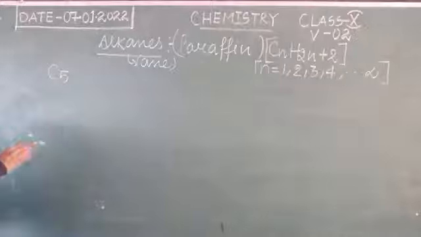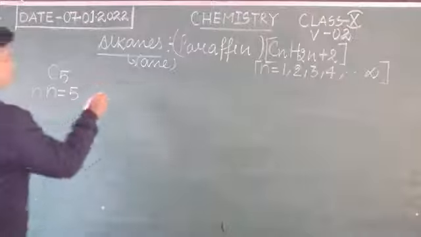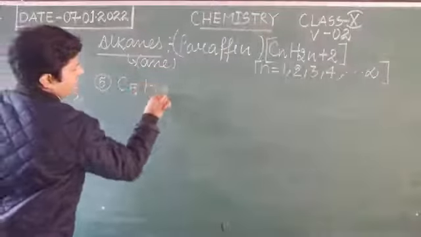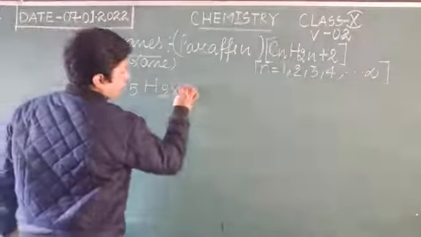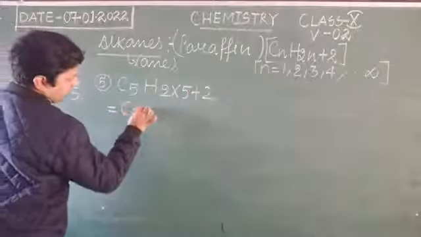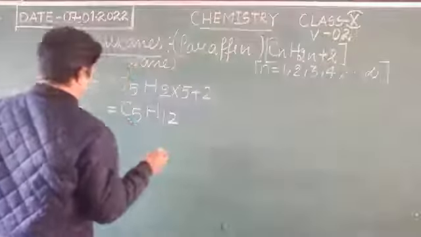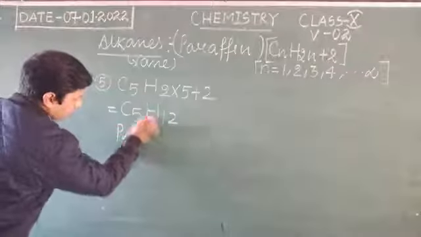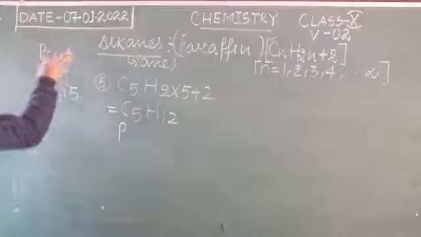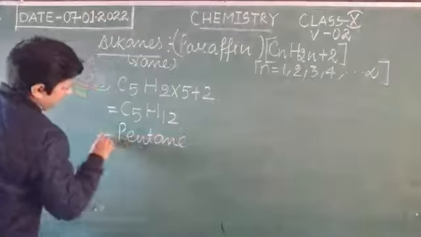Now the carbon chain containing 5 carbon atoms, the value of n becomes 5. It becomes C5H(2 into 5 plus 2). It becomes C5H12. For 5 carbon atoms, we use the word pent, and when we add the suffix ane, it becomes pentane.